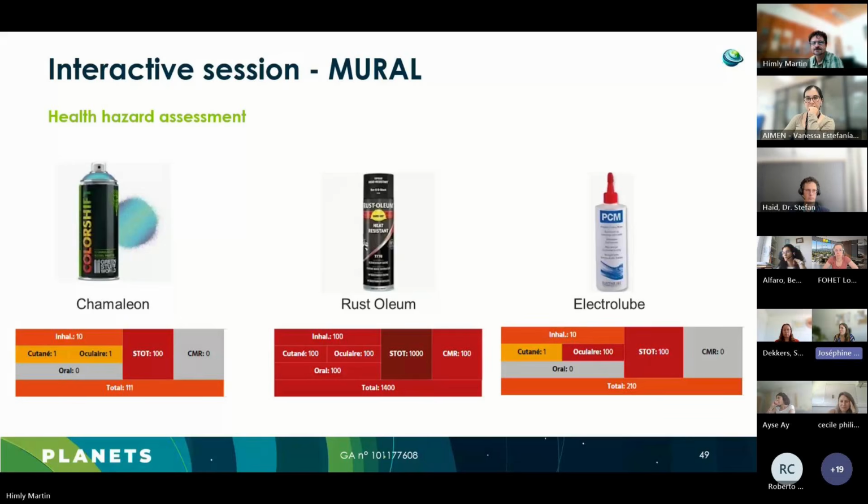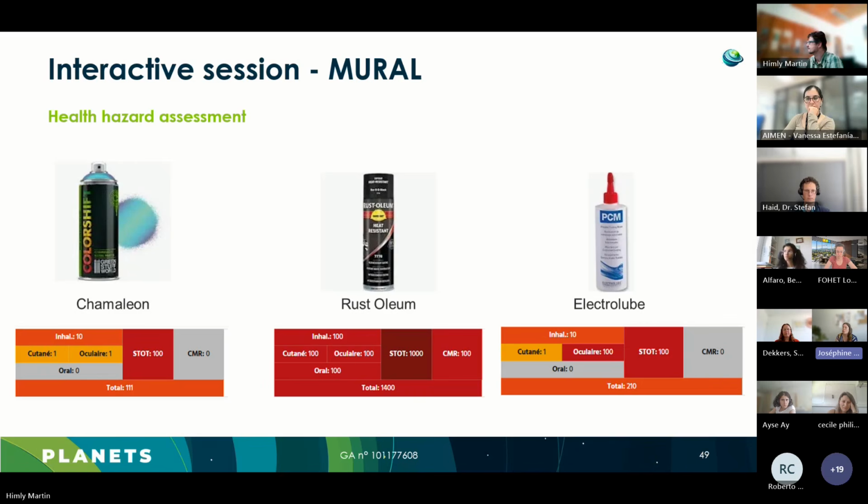So to conclude the presentation, we have made the exercise regarding only the health hazards to assess each of these chemicals, and we have seen that with the tools that we use at CEA, Rust-Oleum is the most hazardous chemical with a score of 1,400.